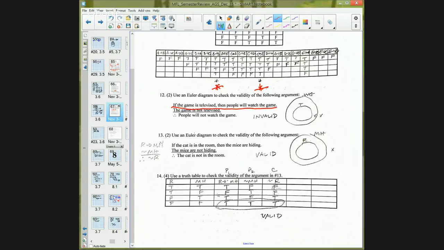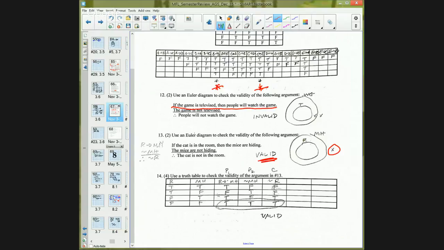And then mice are hiding, that's got to go on the outside. And then the second premise here is the mice are not hiding. Well, that's got to be on the outside of the cat circle, right? So the cat can't be in the room. So that one appears to be valid.